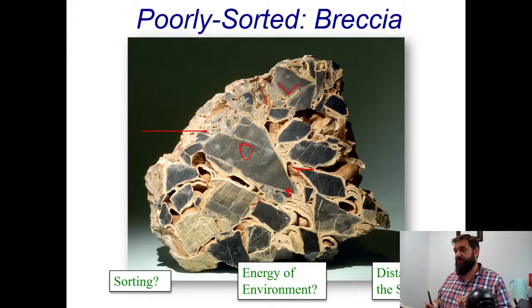So the distance from the source is close. How do we know that? We know that from the large clasts, the angularity, the sharp angles of the clasts, and the size of the clasts, which are large. We know it also from the sorting. So there are a lot of indications here that this rock really just broke, the gravel just broke off of a talus slope and got lithified.